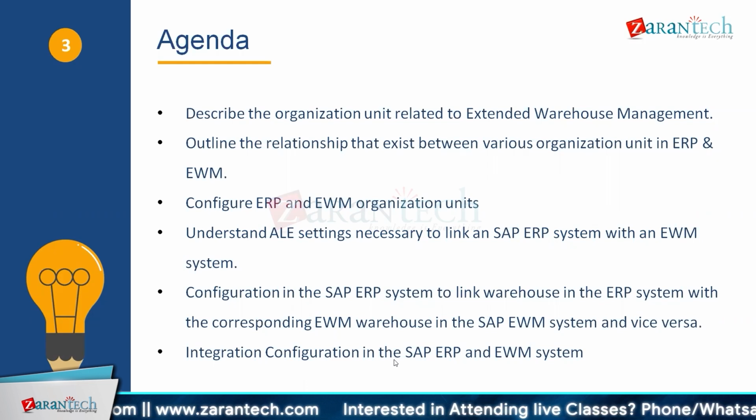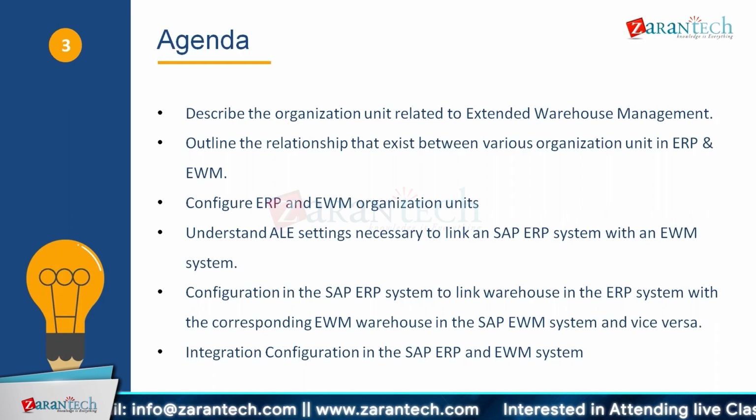While we are doing integration, it's not only about the technical settings. When we integrate the warehouse, there will be some basis settings, purely technical in terms of system integration, and there will be some functional settings also. While going through this unit, we'll execute some functional settings, for example, creating a plant as customer or vendor, assigning a vendor to a plant, or activating delivery split for a warehouse.